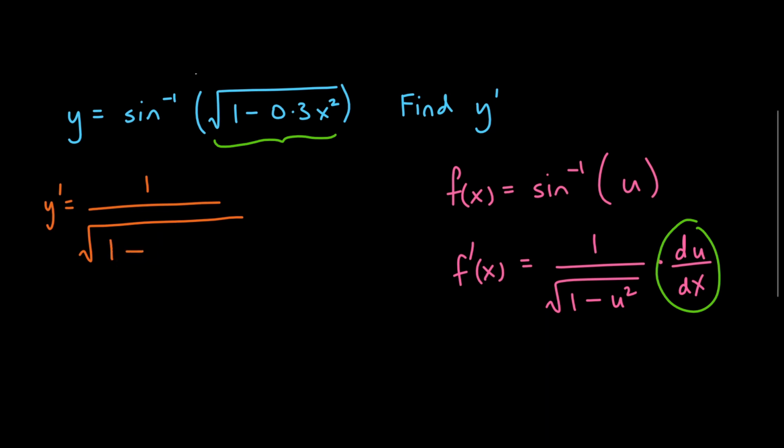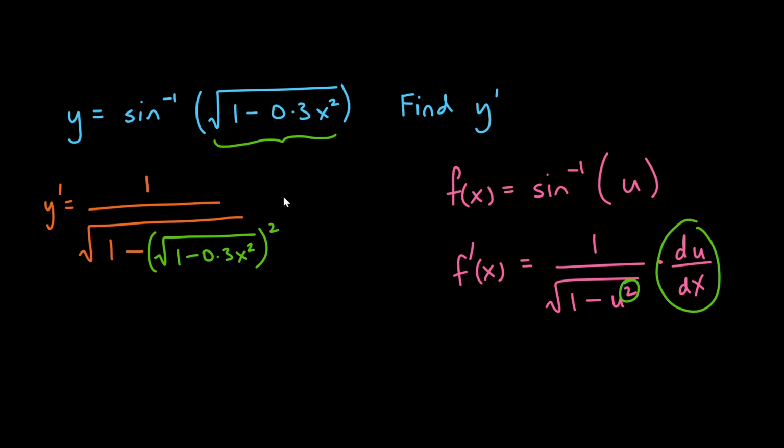U is this highlighted green term here, so I will write the square root of 1 minus 0.3x squared, but it's u squared, so I'll put the whole thing in a square bracket. But we're not done yet. We have to also use a chain rule and differentiate u.